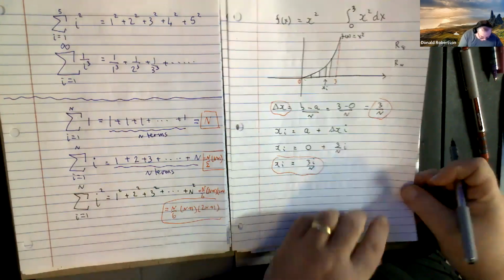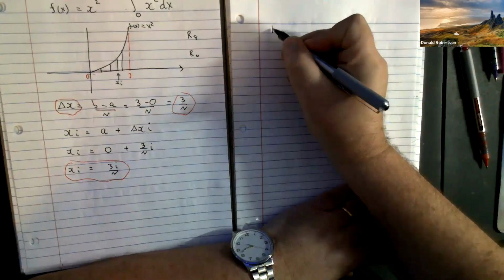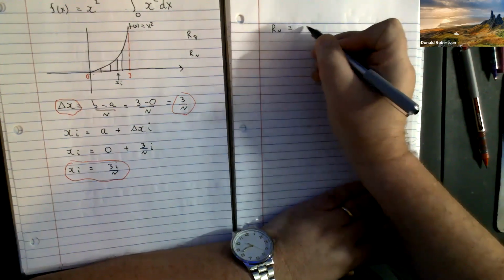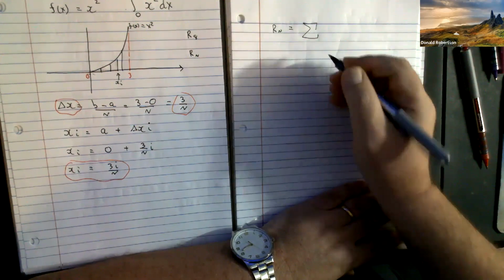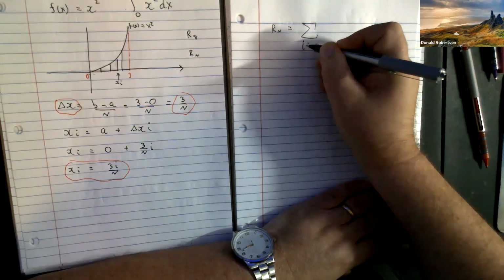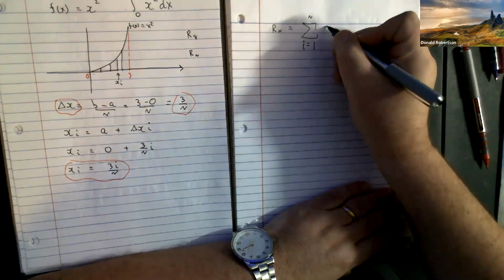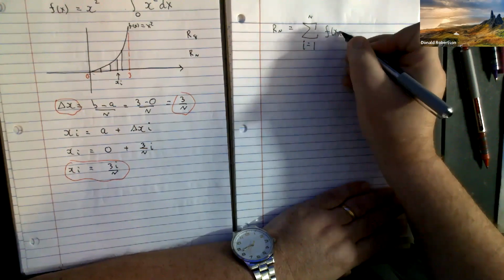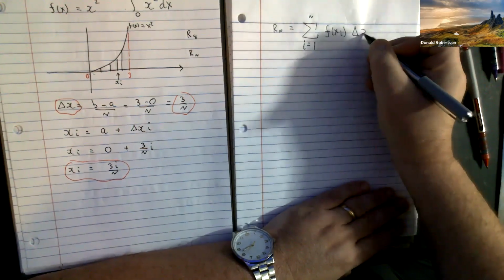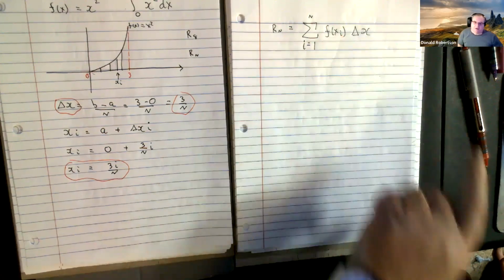Now, if I was going to find R8 or R4 or Rn, it would be adding up a whole load of rectangles, and it would be the sum from i equals 1 to n of the value of the function at xi times delta x. That would be the width of a rectangle, and that would be the height of the rectangle.